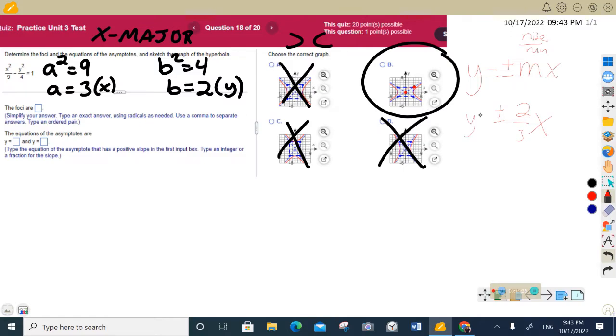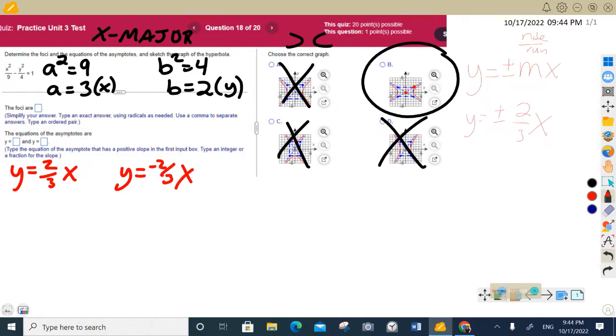So it's going to be plus or minus, because if I were to do the negative slope, we would go down 2 and right 3. This time they want you to type it in as 2 separate equations. y equals 2/3 x, and then the second equation would be y equals negative 2/3 x. Don't let that confuse you.